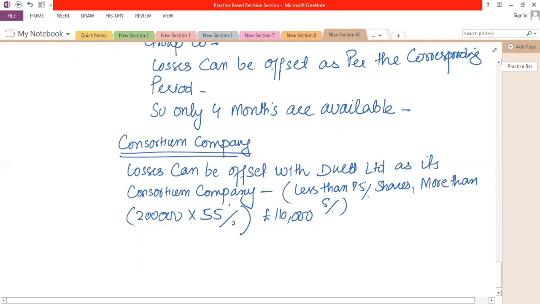Is that fine? Now, in the next part, we have to use the amount. Okay. Maximization of loss utilized. So let's use the option available, how to maximize the loss we can utilize.